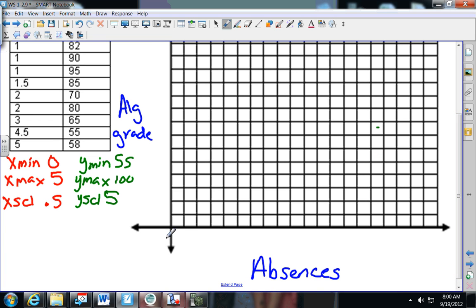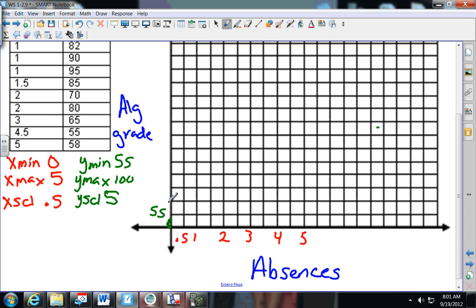Our absences. I've got 0.5, 1, 1.5, 2, 2.5, 3, 3.5, 4, 4.5, 5. Then our Y's, I'll make a little squiggly here because we're going to start up at 55.